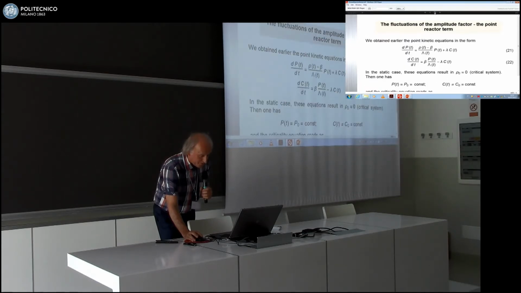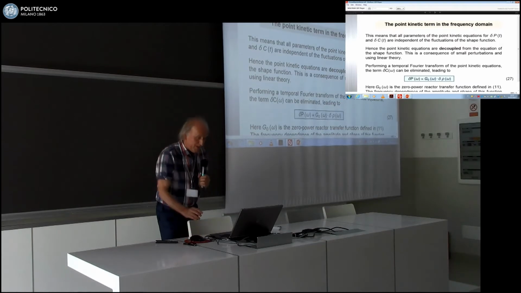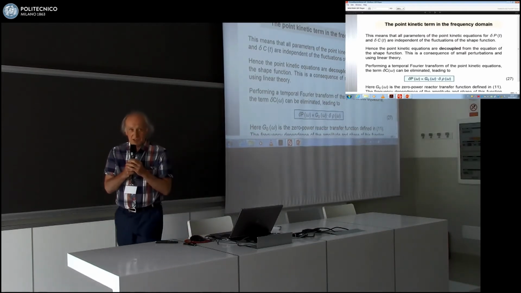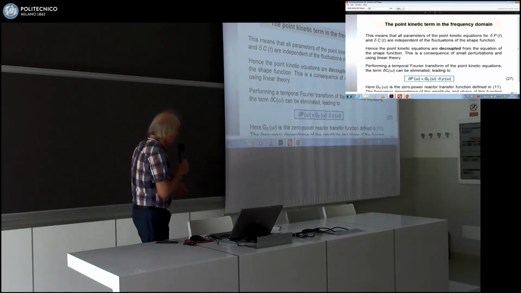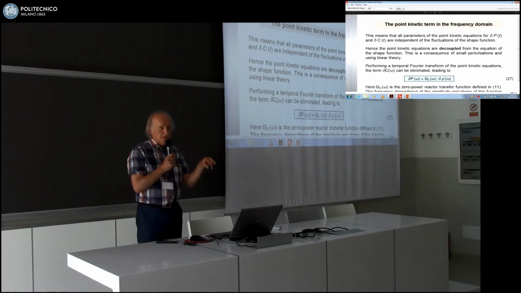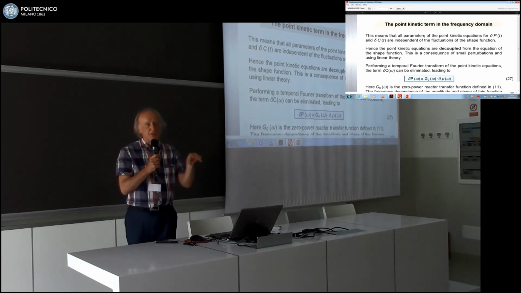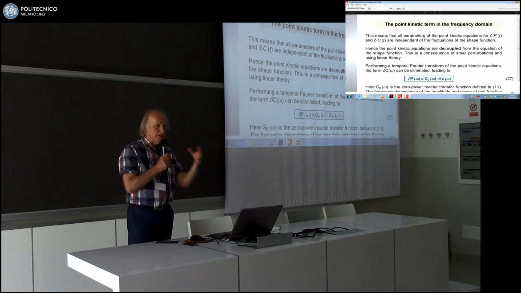How does the transfer function look? By the way, the point kinetic approximation means that we try to describe everything, I will come to that very soon, only in terms of an amplitude function, and in the noise case, we split even the amplitude and the shape function into a stationary part and the fluctuations.